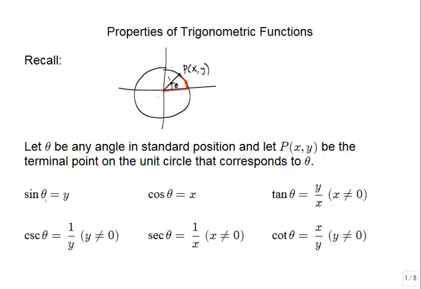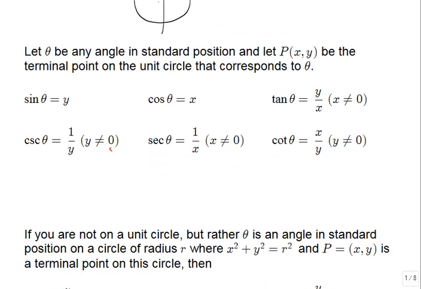Cosecant of theta is the reciprocal of sine, so it's 1 over y, assuming that y does not equal 0. Secant of theta is 1 over x, assuming x is not 0, so secant is the reciprocal of cosine. And cotangent of theta is x over y, assuming y is not 0, and that makes cotangent the reciprocal of tangent.